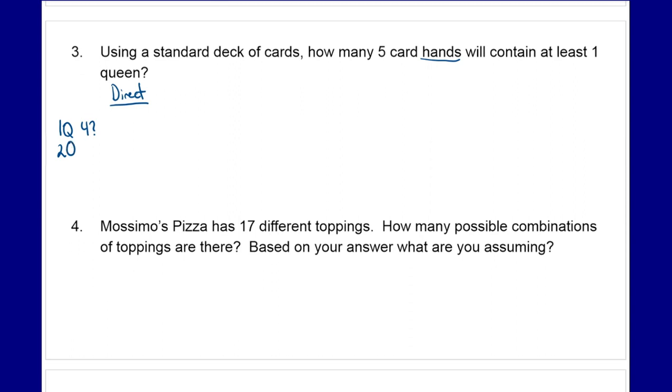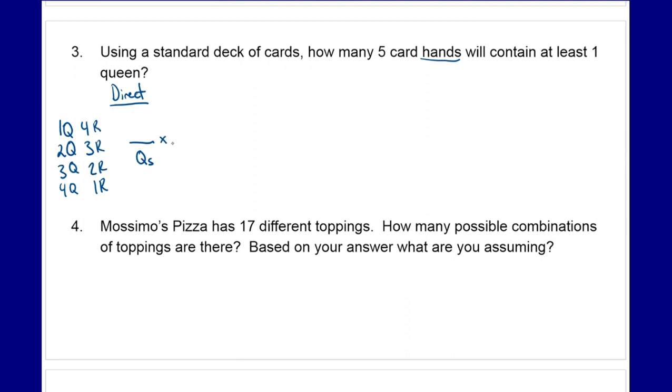2 queens, 3 remaining cards. We'll say 3 random, 4 random. 3 queens, 2 random. 4 queens, 1 random. Can't really do 5 queens because there are no 5 queens in a deck of cards. And here you would go through and you look at, okay, well, how many ways can I choose the queens?